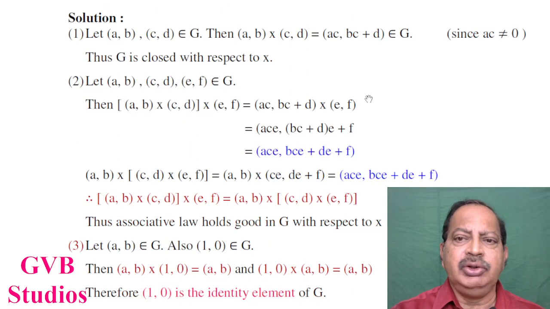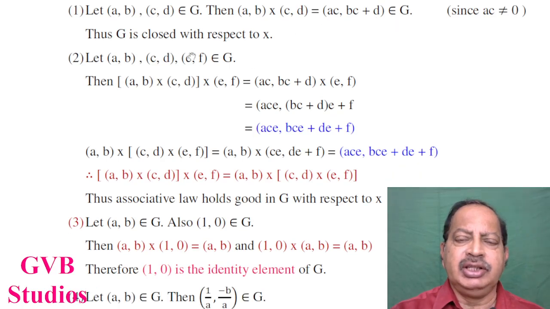It is given. So here a is a non-zero number, c is a non-zero number, so the product ac is non-zero. ac is a real number, bc plus d is a real number. So this element belongs to G. So closure property is satisfied.